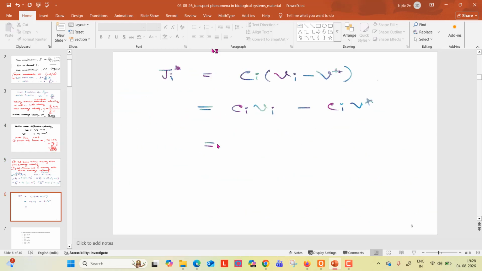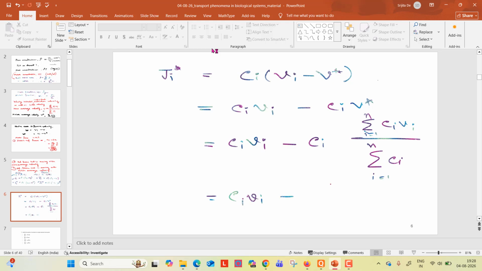So it is Ci Vi minus Ci into summation of Ci Vi, i equals 1 to n, divided by summation of Ci, i equals 1 to n, right? Similarly, so now it will be Ci Vi minus, so Ci and summation of Ci, what is that?